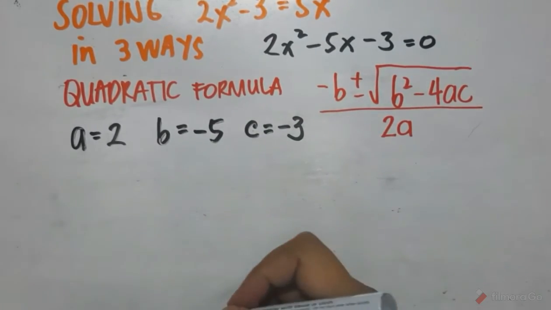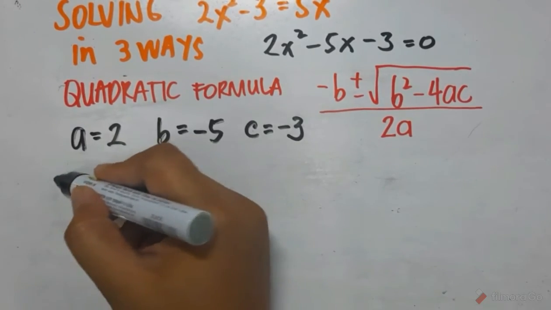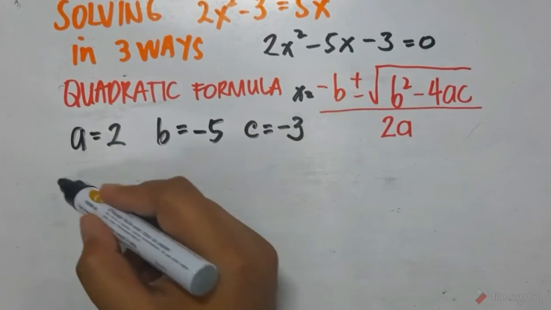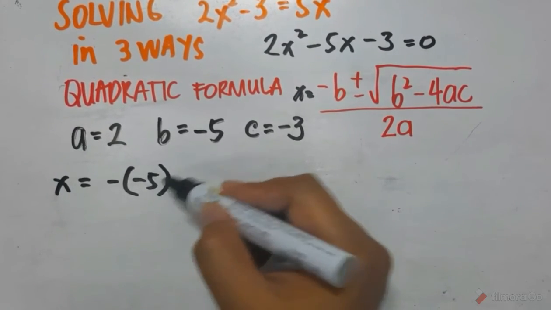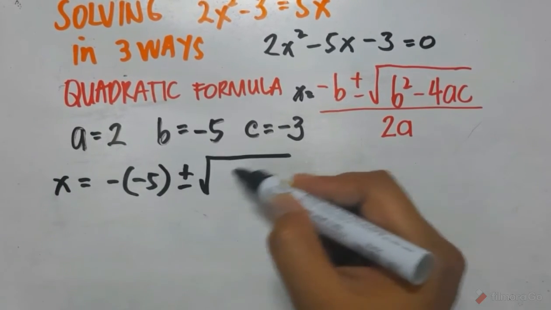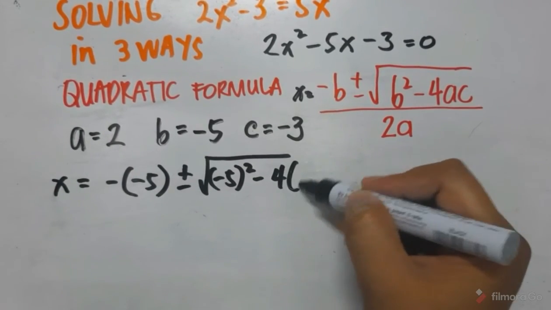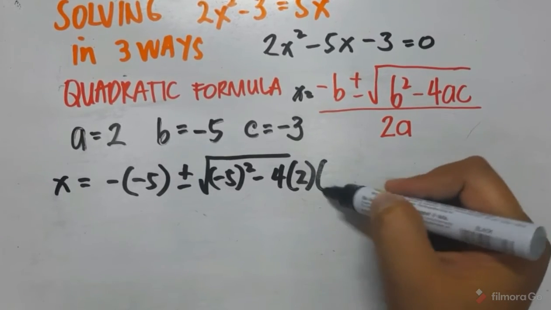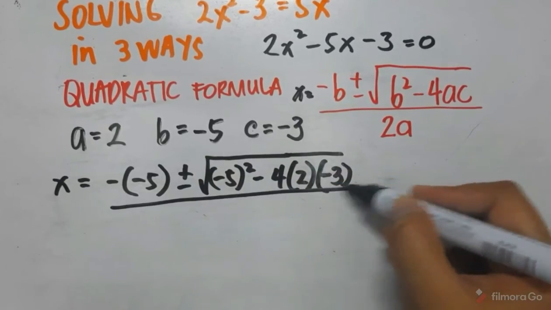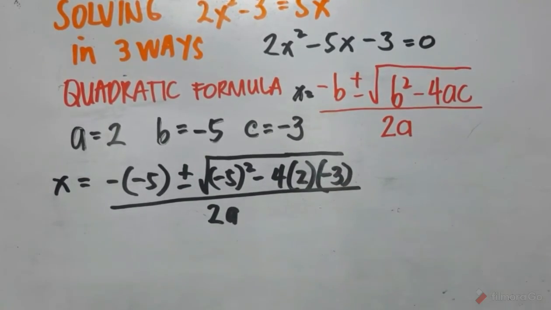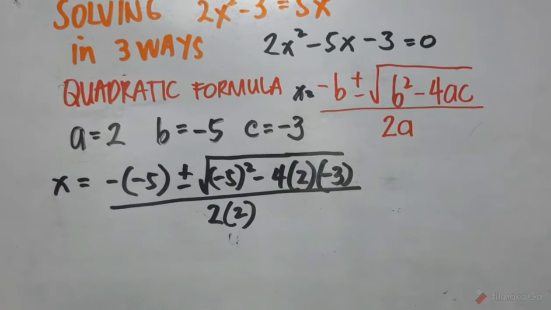And then substitute each of these values into our formula. x equals negative b, negative 5, plus and minus the square root of negative 5 squared minus 4 times the value of a and the value of c, which is negative 3, over 2a, where the value of a is 2.